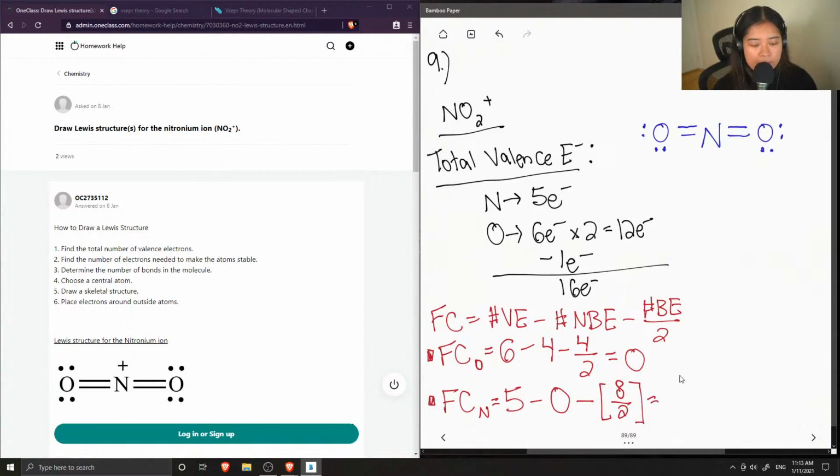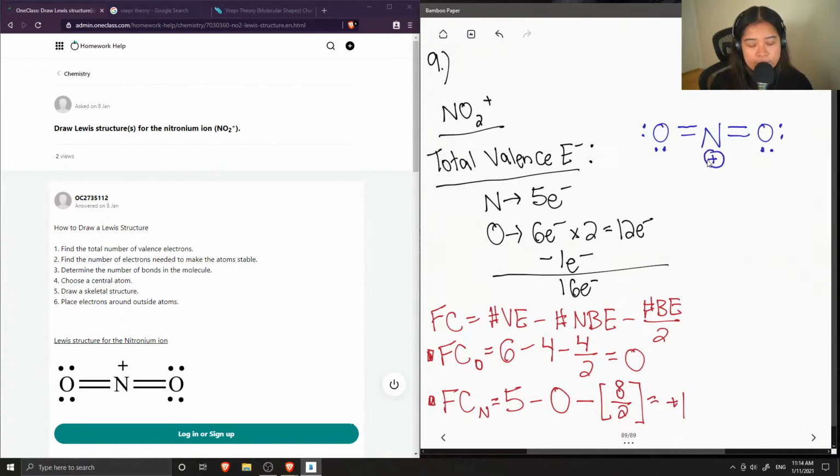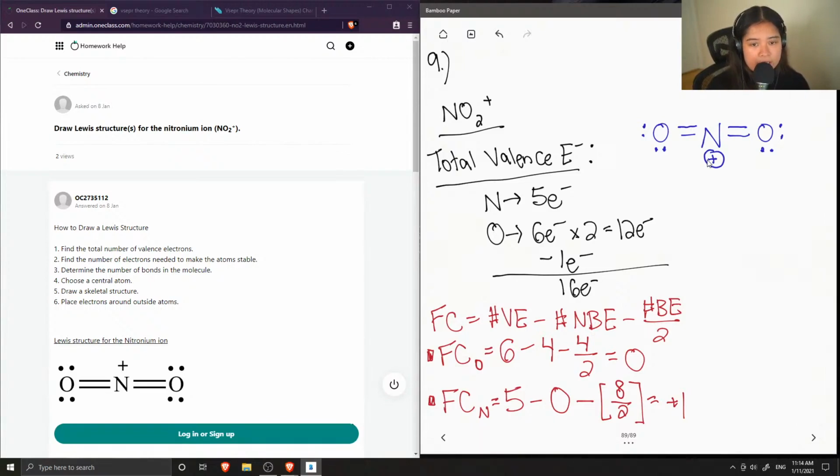So 5 minus 0 minus 4 is positive 1. So now we know that the positive charge is on the nitrogen, and this is expected since the nitronium ion has a positive 1 charge.